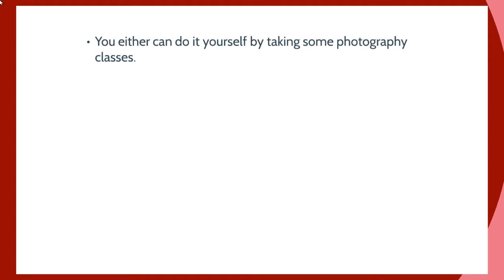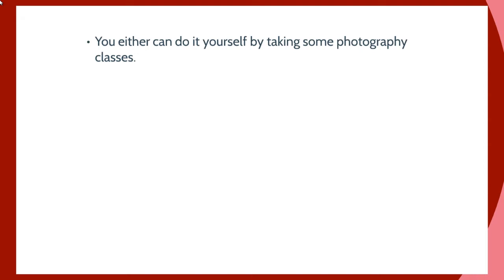Now, you can either do this yourself by taking a photography class. In fact, a lot of people that we have noticed have done really well have said that they went to take photography classes, they got a really good camera, and they learned how to take different angles.